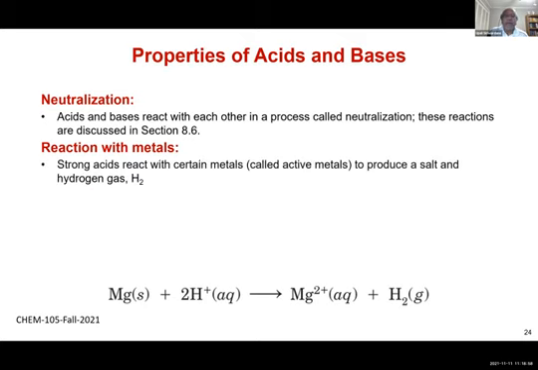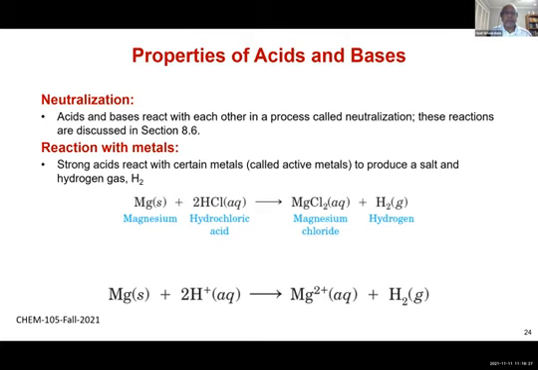Strong acids react with certain metals called active metals to produce salts and hydrogen gas. These are redox reactions. Metals go into solution, releasing hydrogen from the acid, producing metal salts. These are single displacement reactions.